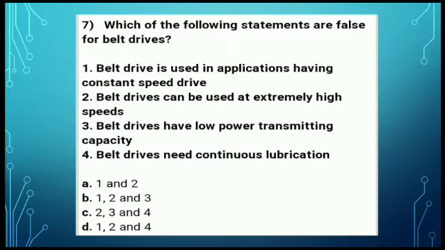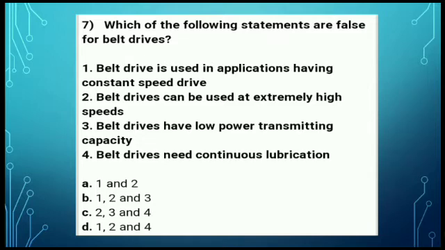Next, belt drive can be used at extremely high speed. In the case of extremely high speed, we don't use a belt drive. So option 2 is also a false statement. Option 3, belt drives have low power transmitting capacity. This is a true statement. And 4, belt drives need continuous lubrication.